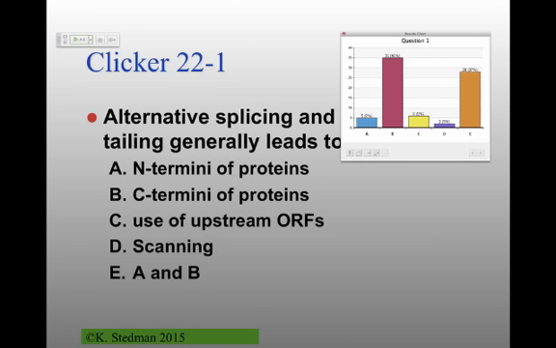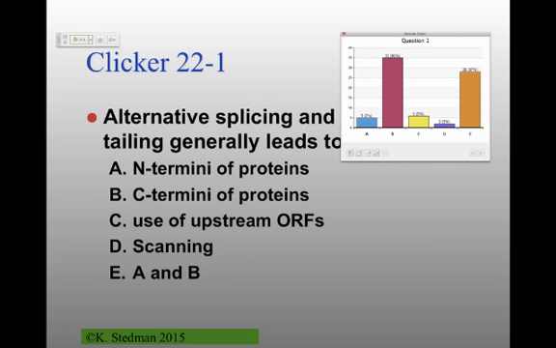Alternative tailing, you cut your messenger RNA earlier than you otherwise would and add a poly A tail at that point. Okay, what does that mean about the N-terminus of your protein? It stays pretty much the same. C-terminus, on the other hand, is often very different.